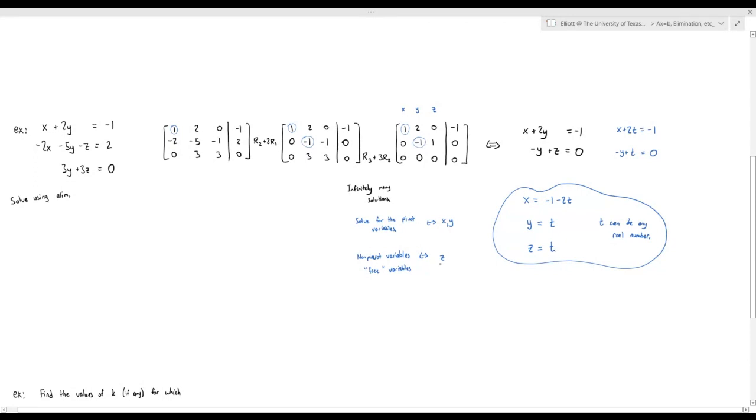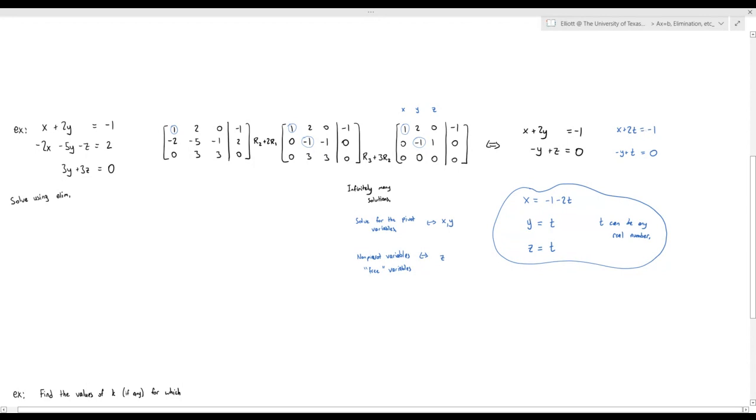So I guess the idea of this was z being a free variable, you just set it equal to t, and then these equations will force a value for x and y once you know what z is. So once we know z is t, y is forced to be t, x is forced to be -1 minus 2t.